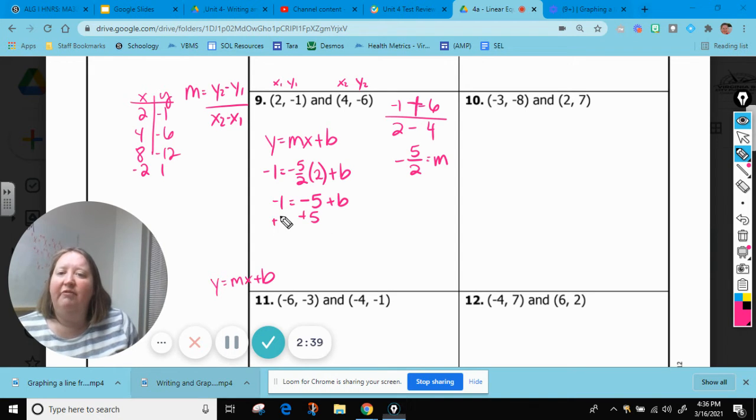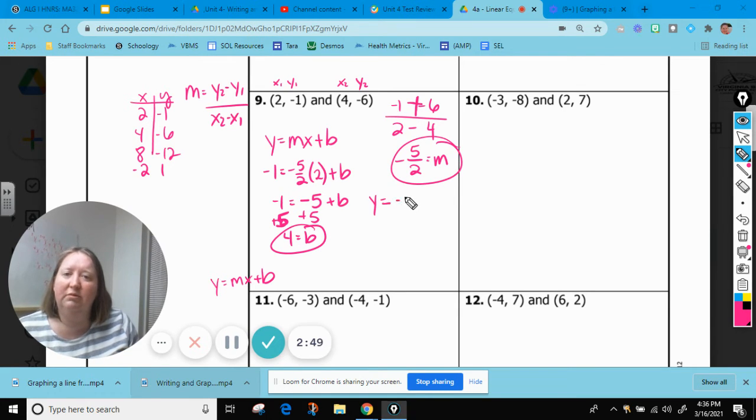Add 5 so that you can solve for b. Now I have the b and I have the m, so I can write y is equal to -5 halves x plus 4. So that's how you would find the equation from the points.